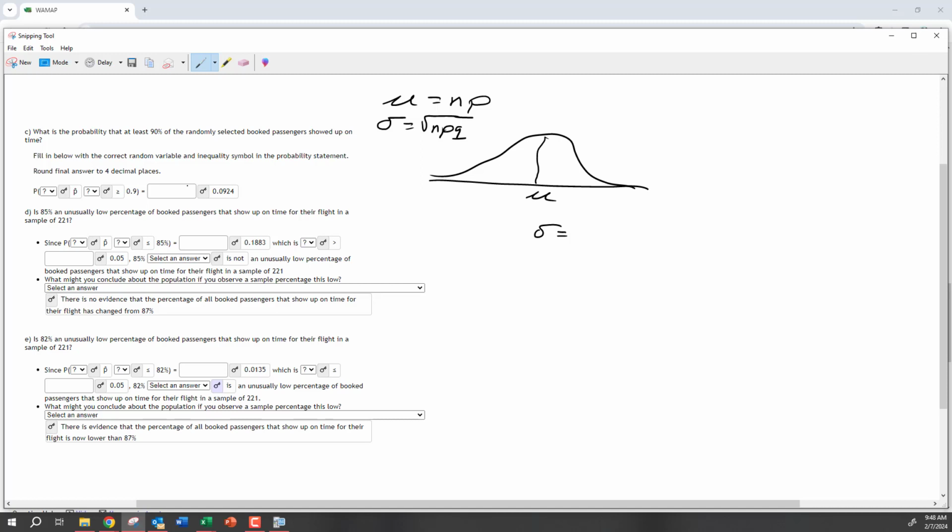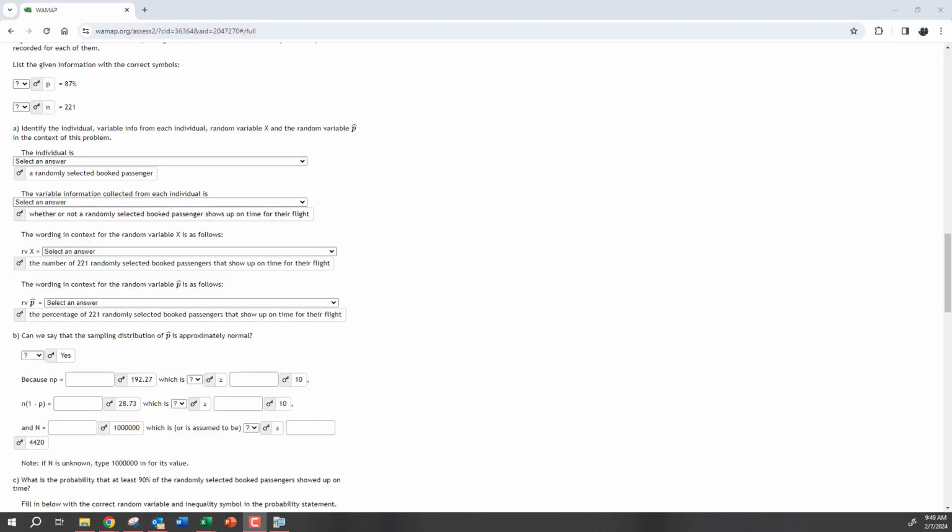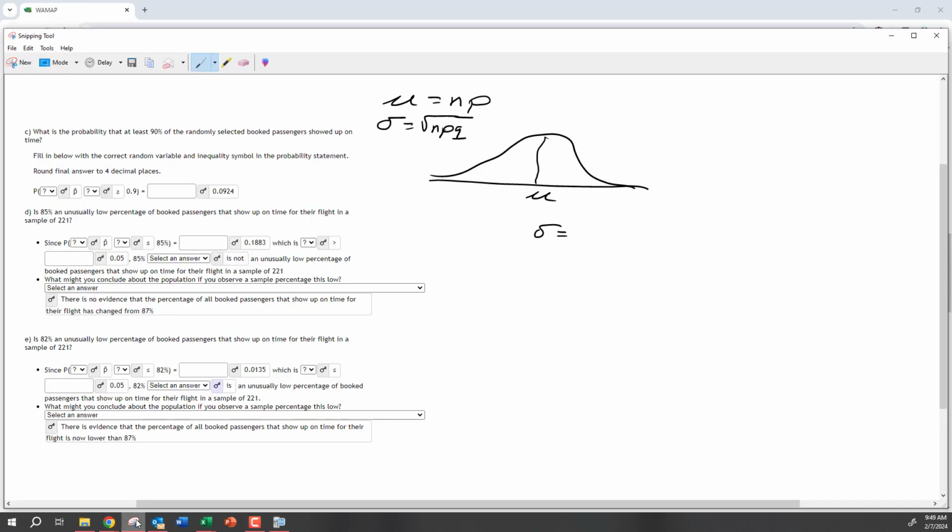Well, remember that our n, the sample size of this particular example, is 221, and our p is 87%. So we know that the mean is going to be 221 times 0.87, and then our standard deviation is going to be the square root of 221 times 0.87 times 0.13.